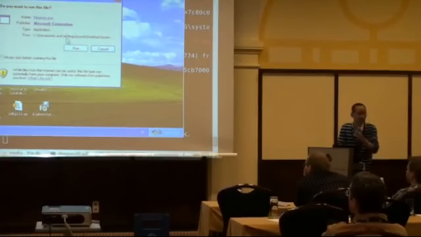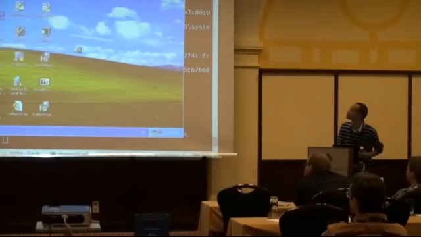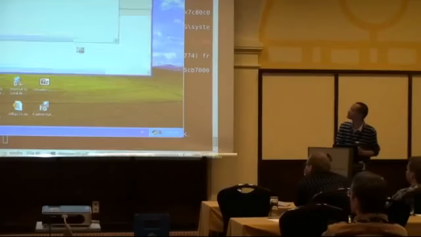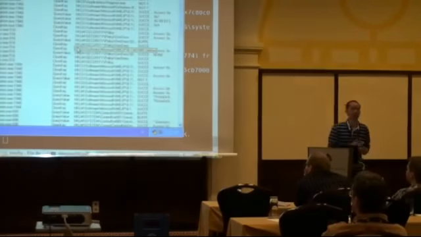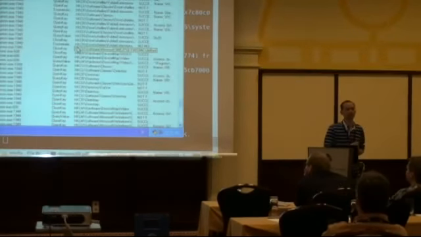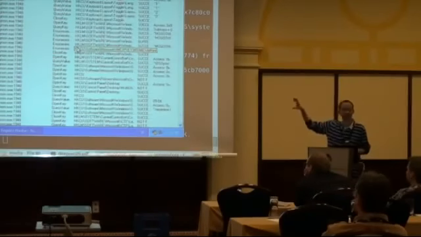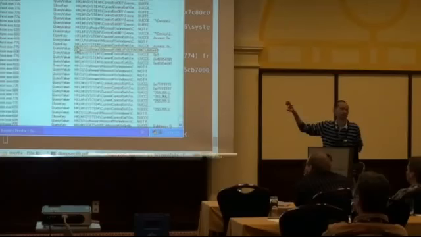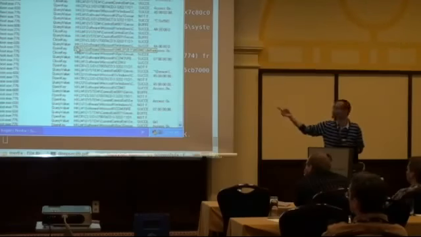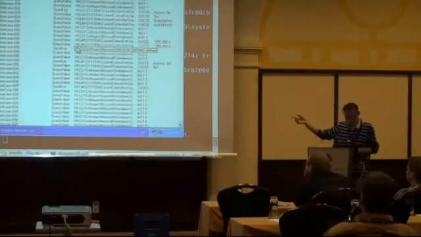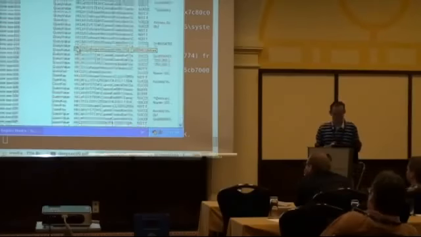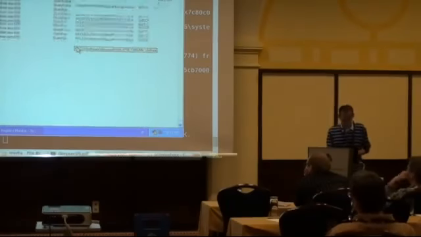And everybody knows this, right? Registry Monitor from Sysinternals. This application can be used to monitor all the activities about registry inside your system. So this one is very familiar to everybody here.